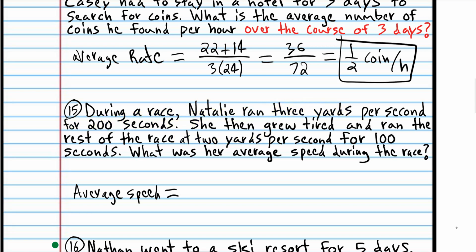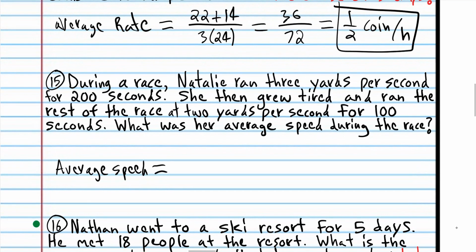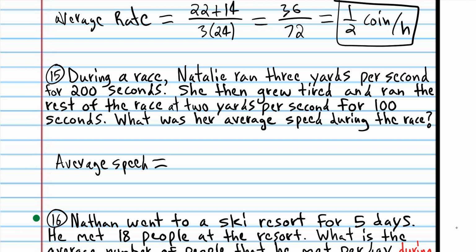So that's why this is considered a weighted average, even though it's really just the same thing that we calculated before. It's average speed. The algorithm that we have to use is just slightly different. So we need the total distance traveled divided by the total time.